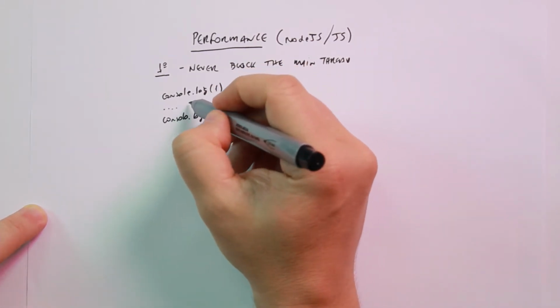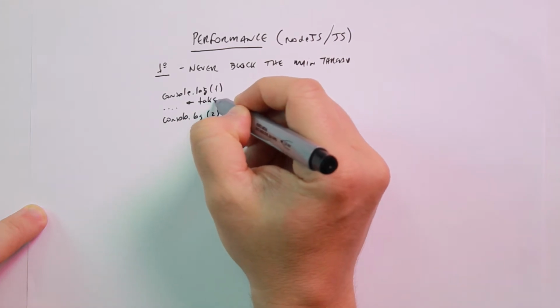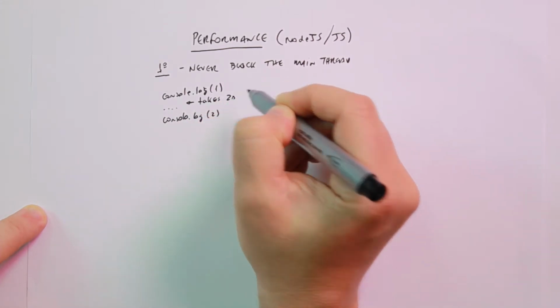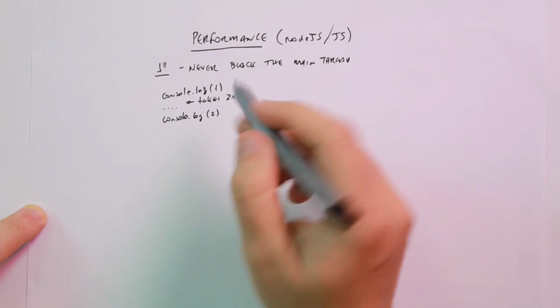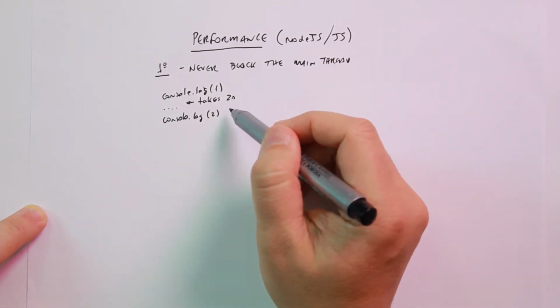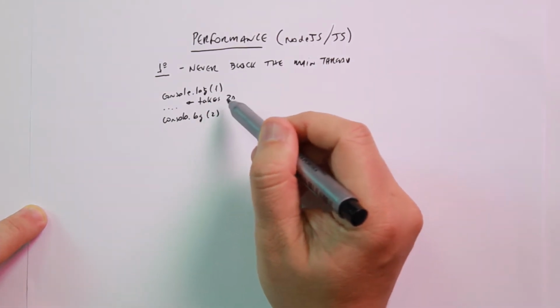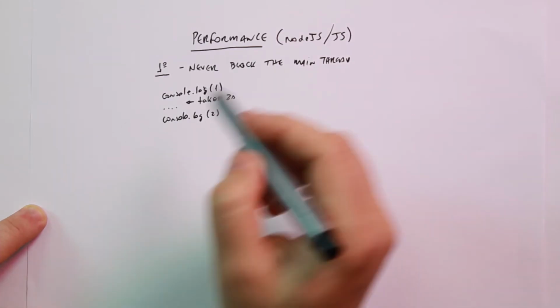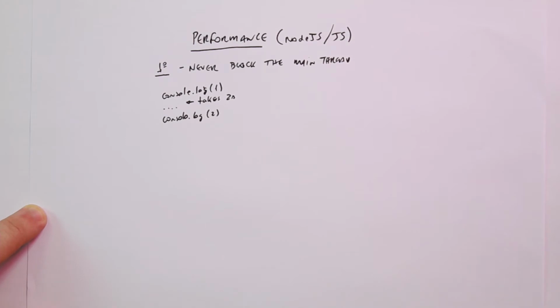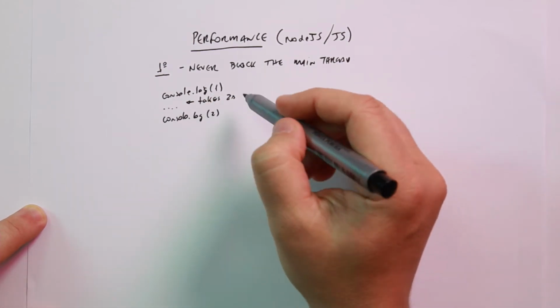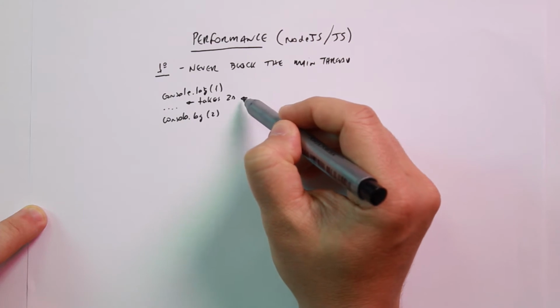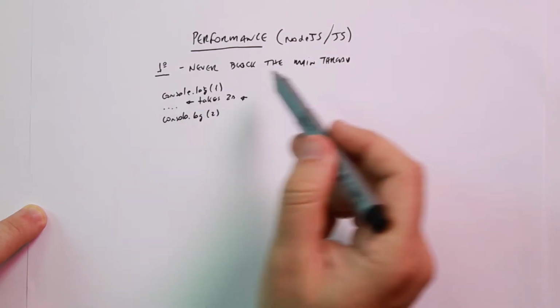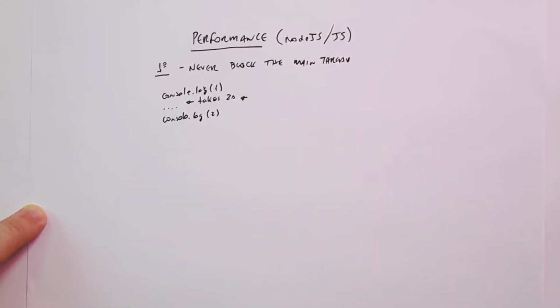If this thing here takes, for example, 2 seconds, this console.log here will be executed 2 seconds later. So the first rule: if something is going to take a lot of time, we cannot use it here, because we are going to block the main thread. So basically, never block the main thread.